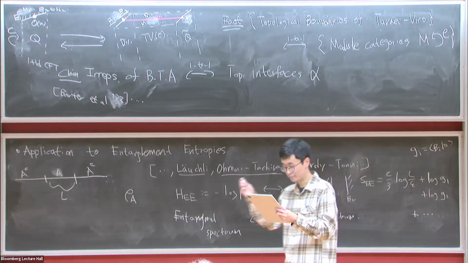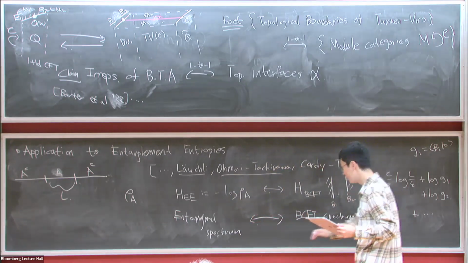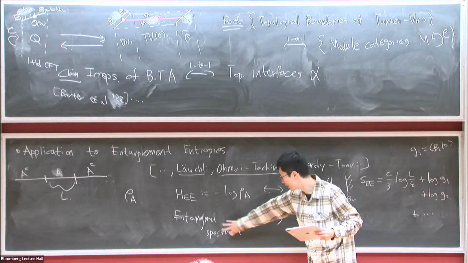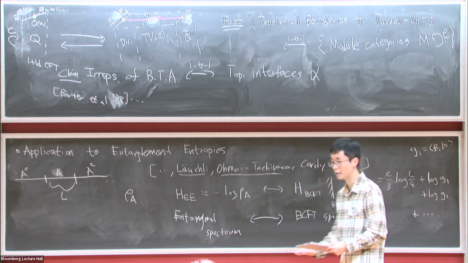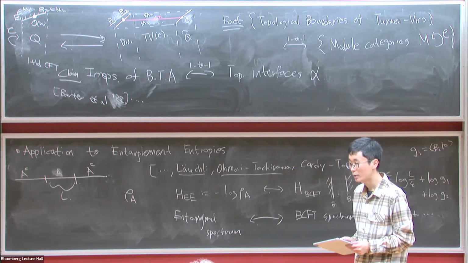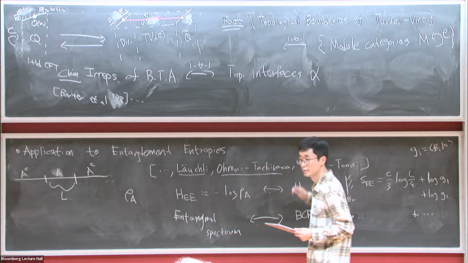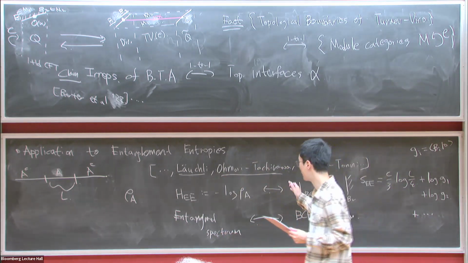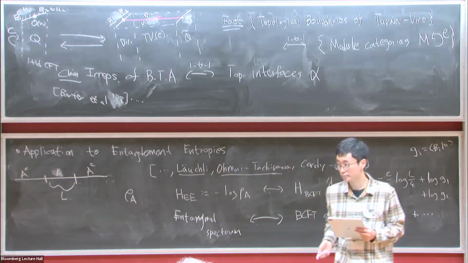After taking care of finite scaling problems, you can actually see numerically that this entanglement spectrum precisely agrees with the IR BCFT spectrum. So it's something we can match. And one can also do that analytically for the case of the Ising model. There are many other examples, such as the Heisenberg spin chain.